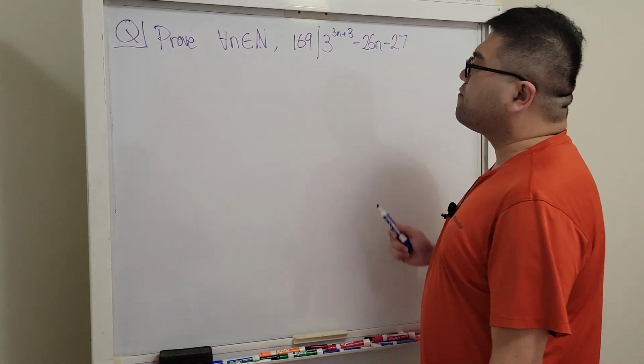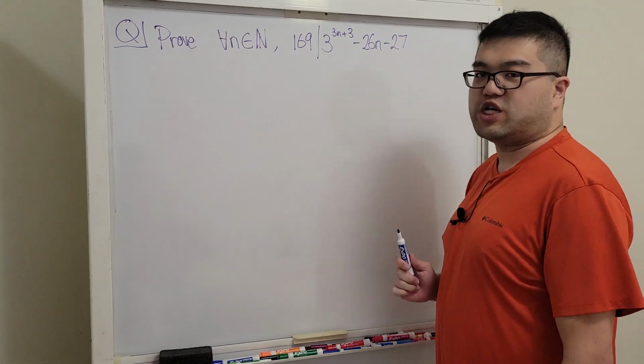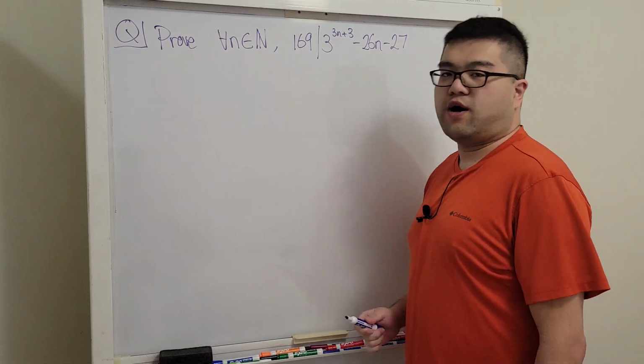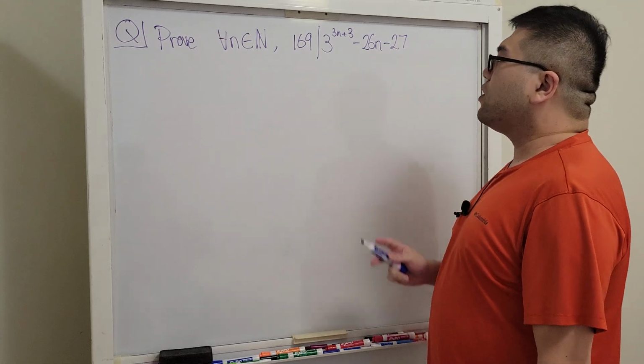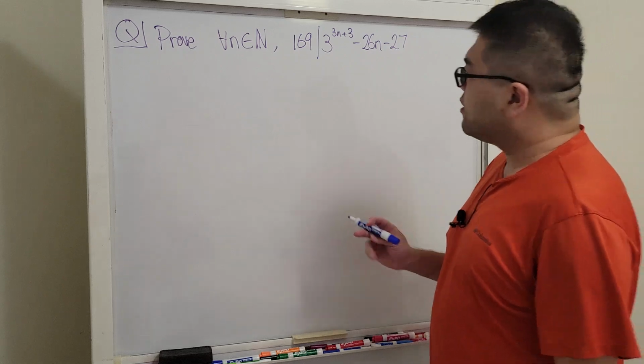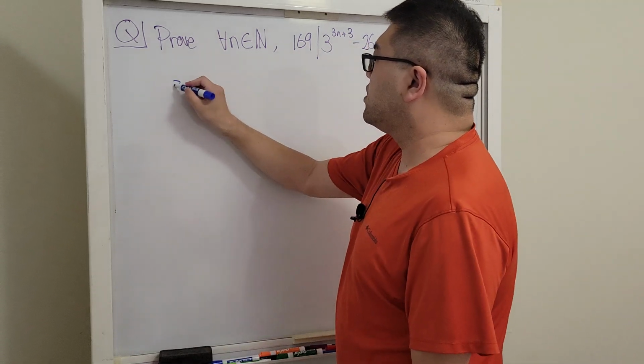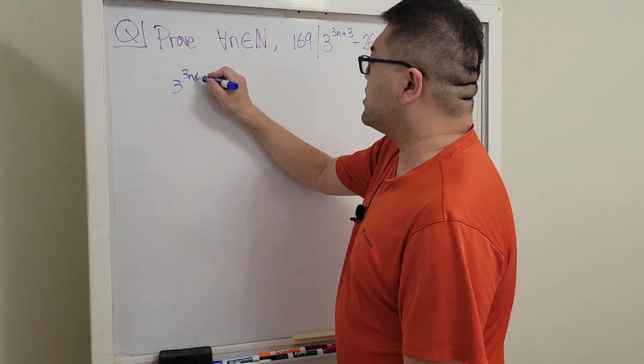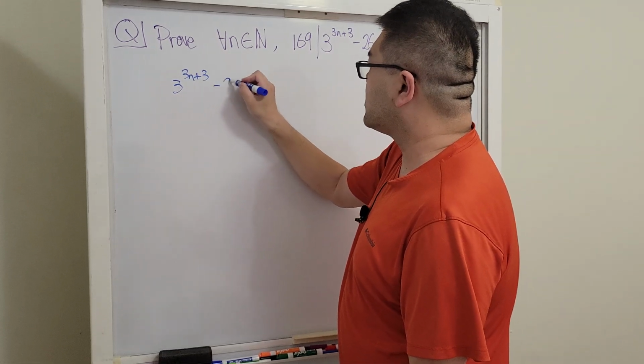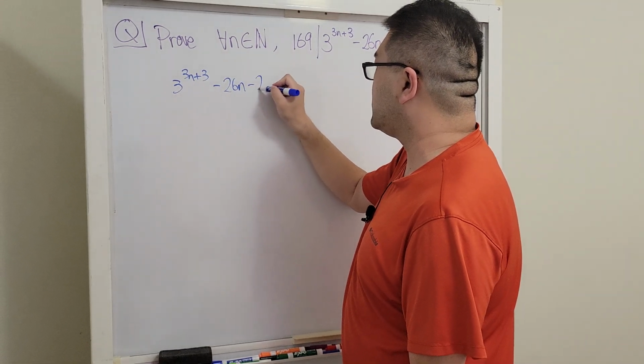Now, how do we prove this is true in general for n a positive integer? We are going to use the following way. First, consider the expression 3 to the 3n plus 3 power minus 26n minus 27.